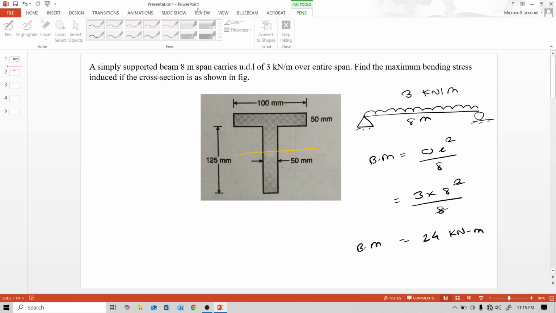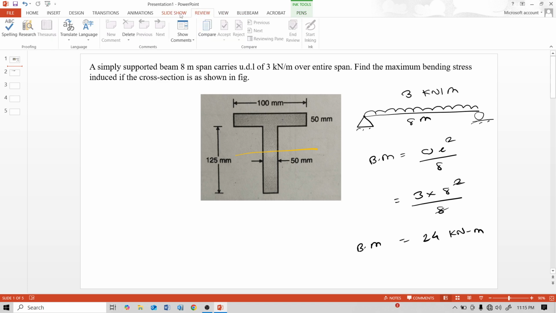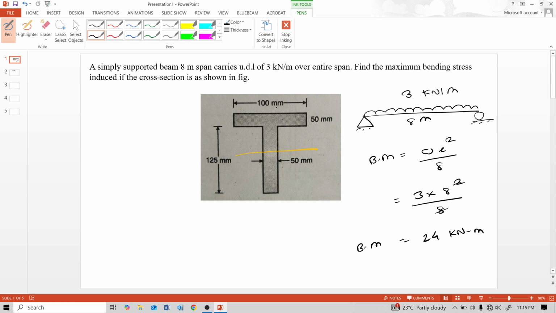Let us assume that the top flange part of this T beam is the first part and the web part of this T beam is the second.